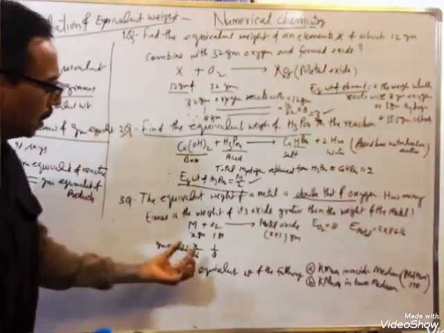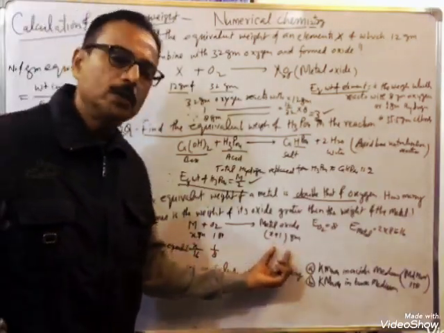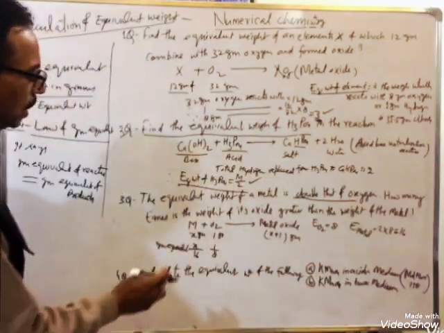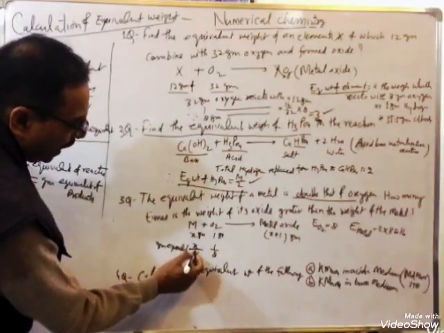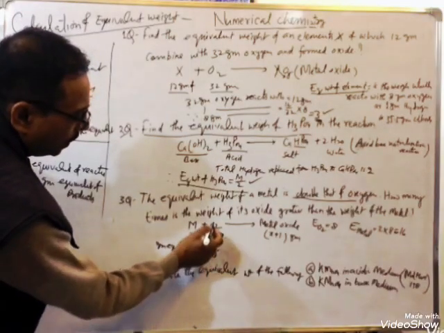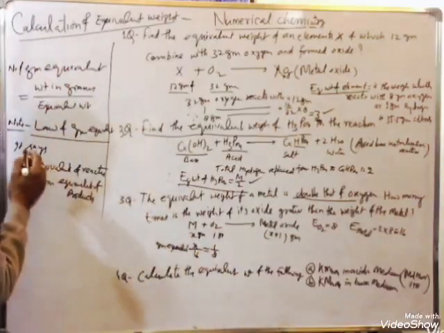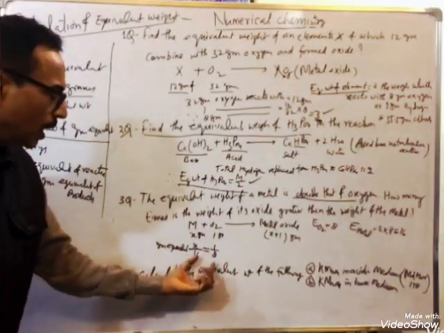It means this number reacts with the same number of the other and forms the same gram equivalent of metal oxide. It means both values are the same. Gram equivalent x by 16 reacts with 1 by 8, so both gram equivalents are equal, as the law of gram equivalent says.